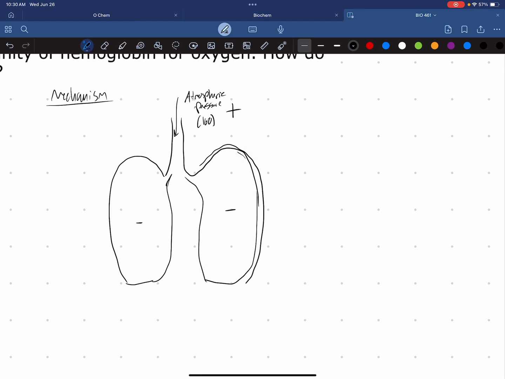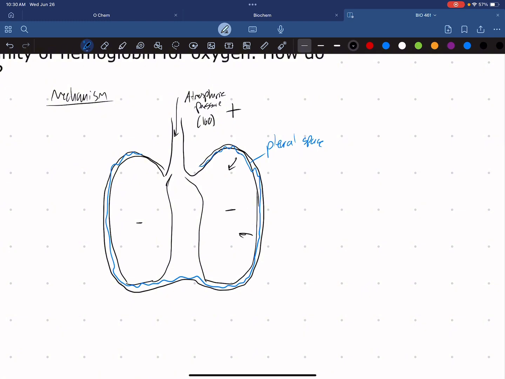And so what we know is there is a space in between the lungs and the chest cavity. And in between here, what I'm highlighting in blue is called the pleural space. And so this space is what causes this negative pressure to happen. So the lungs naturally want to collapse on themselves.